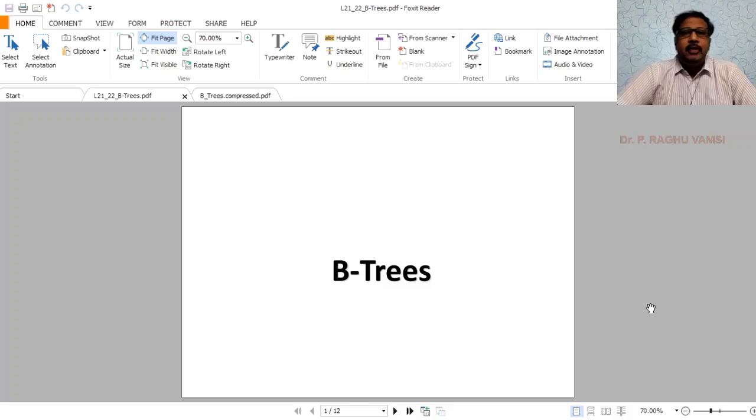That means if you want to create a root node, you will create a pointer and you will create some memory for that. Then you will initialize the left child and right child as null. And while inserting an element, you will compare it with the root element. If the inserting element is less than the root element, you will traverse to the left-hand side in the binary search tree.